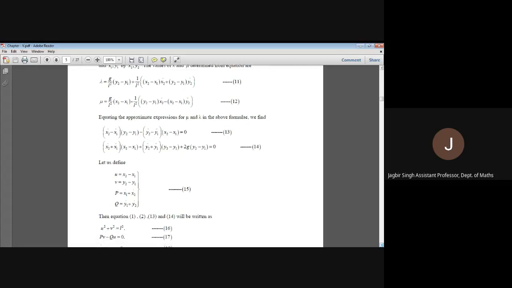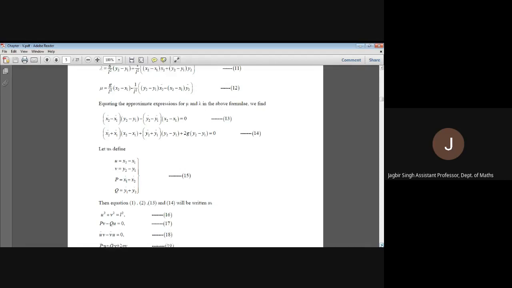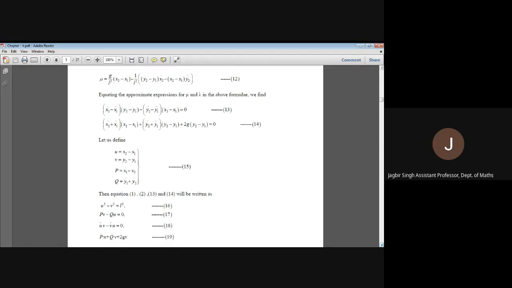Then equation number 2 will become pv minus qu is equal to 0. Equation number 13, it is x2 double dot minus x1 double dot, so it is u double dot into v minus v double dot into u is equal to 0. Equation number 18 is obtained. And from equation number 14, it is p dot u plus q dot v plus 2gv is equal to 0.